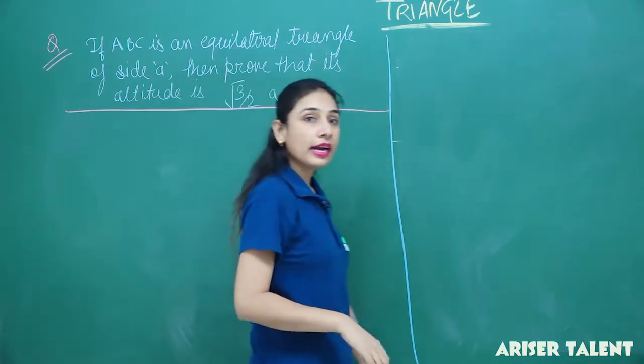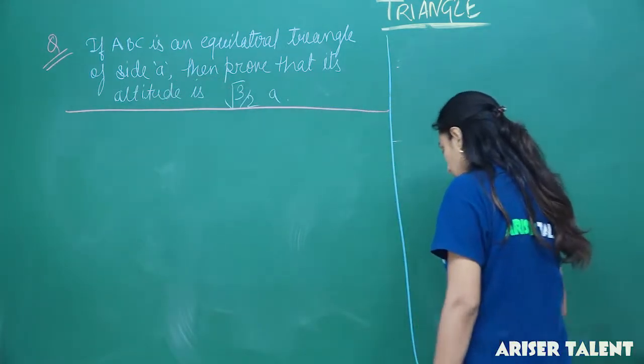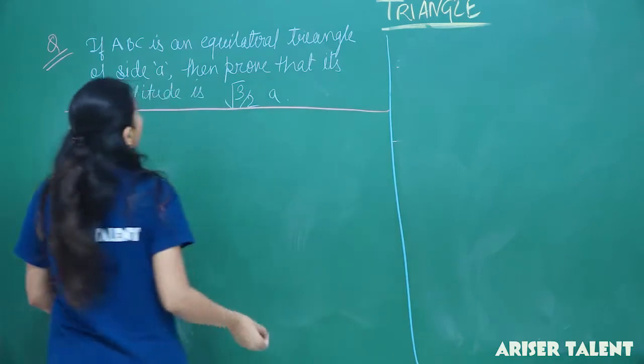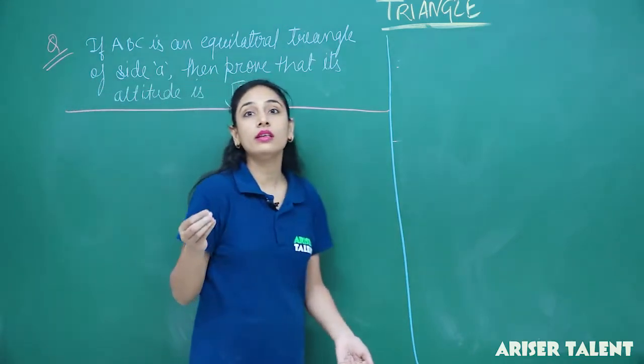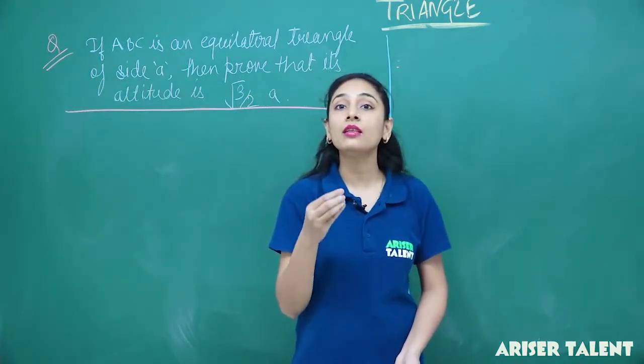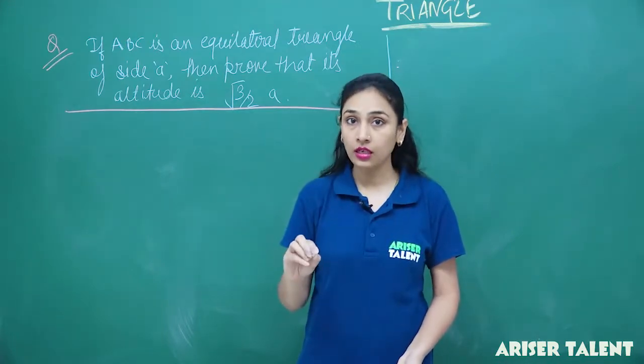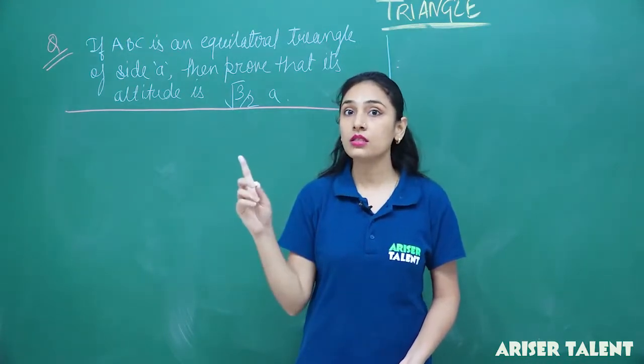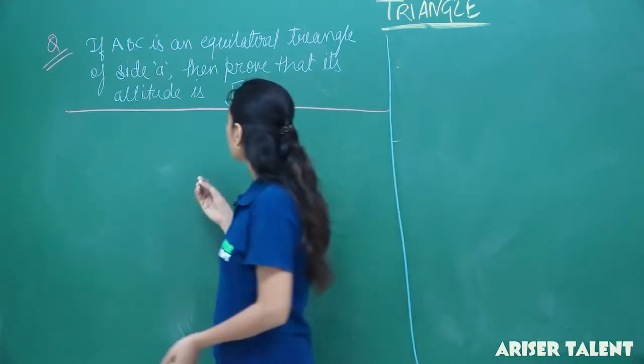So let's try to solve it. Again with the same, I am having an equilateral triangle. Now what does an equilateral triangle mean? That each and every side of this is equal.